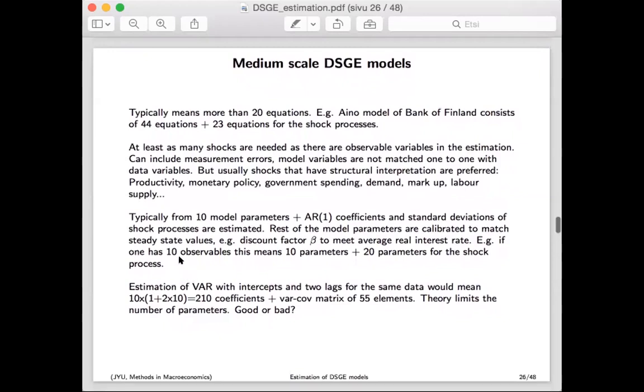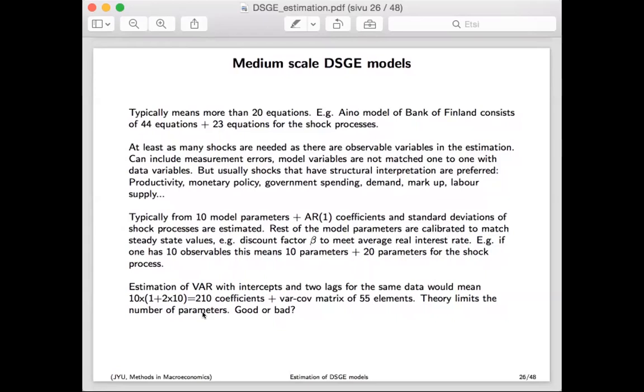And if one has 10 observables, then there have to be 10 AR(1) coefficients for shock processes plus standard deviation parameters for shocks. So 30 parameters. If one estimates a VAR for the same data of 10 variables with 2 lags in the VAR, this means that there would be 265 parameters to estimate.